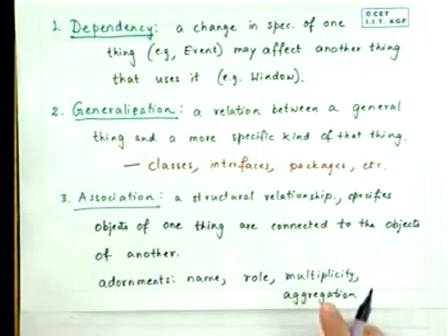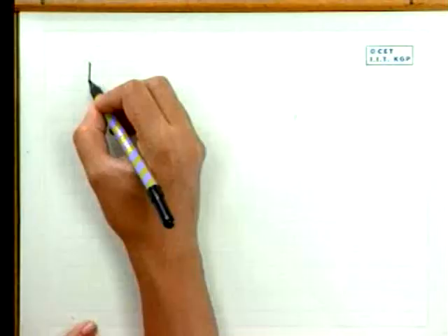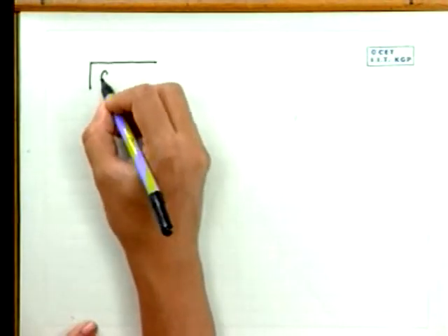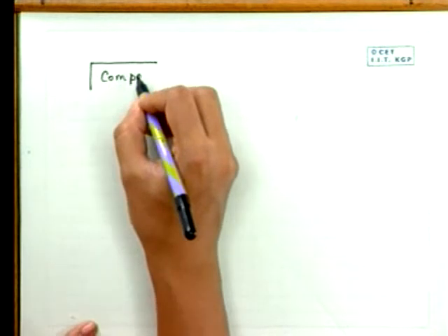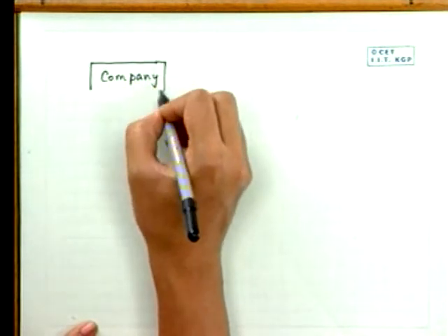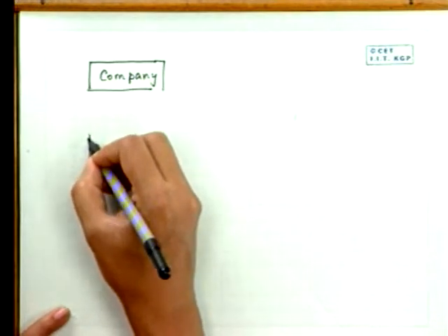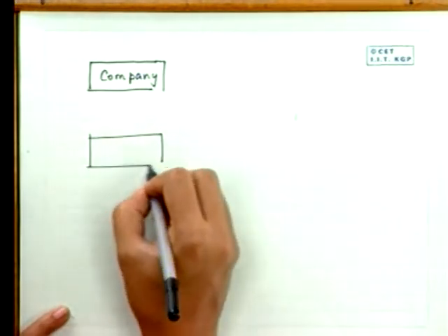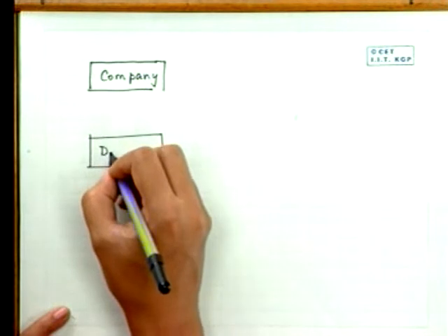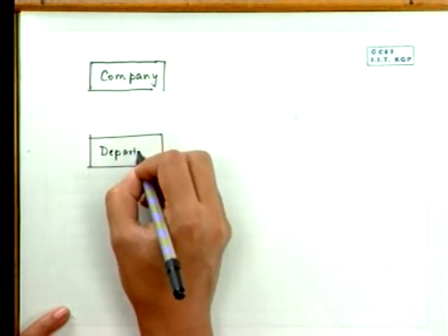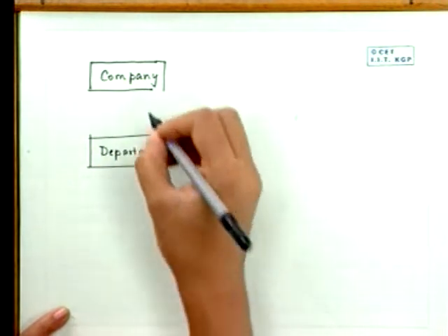We will illustrate this by an example. Suppose we have this object company and 2 other objects, department and person.